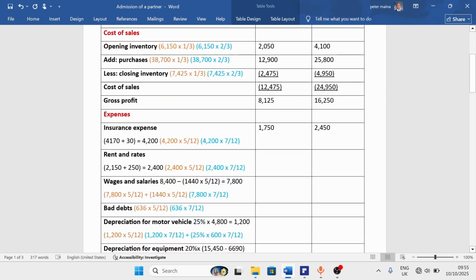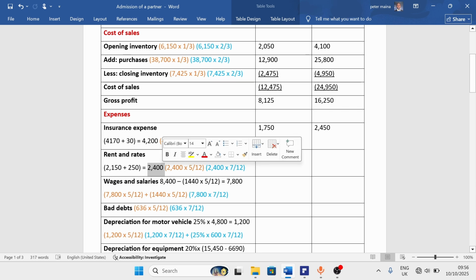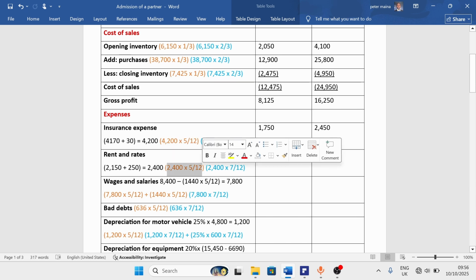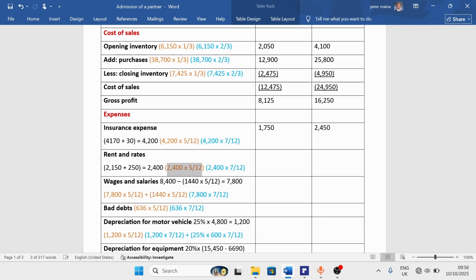So rent and rates, 2150 added to 250 gives us 2400. That is the total expense for the year. Then we apportion it into the two periods. In the first one, we multiply 2400 with 5 divided by 12.